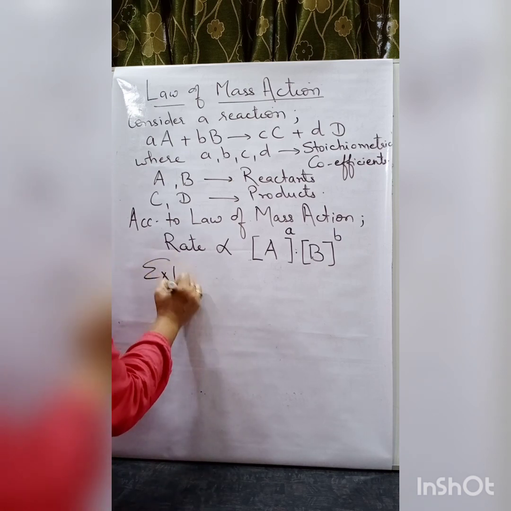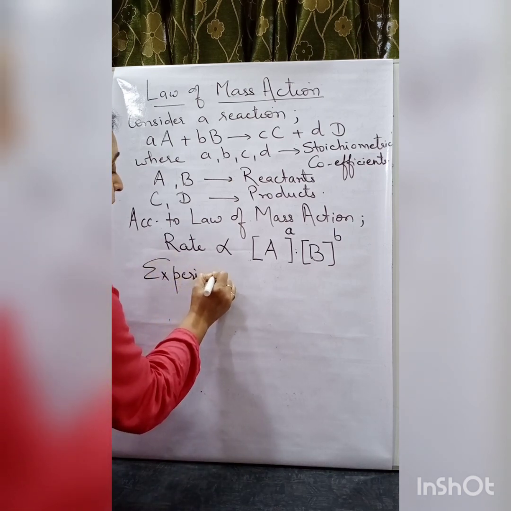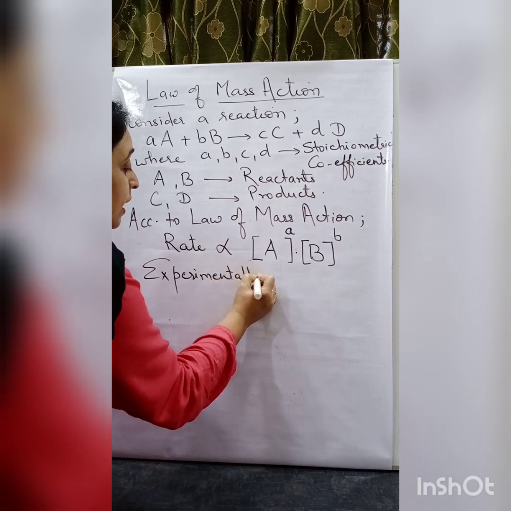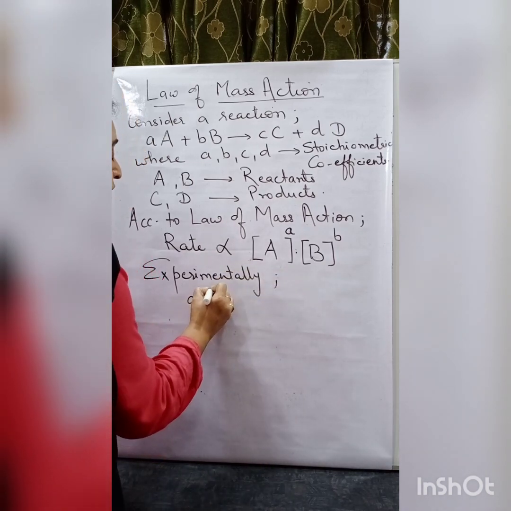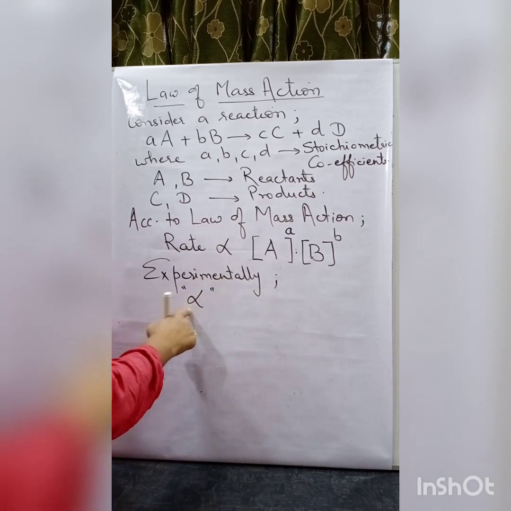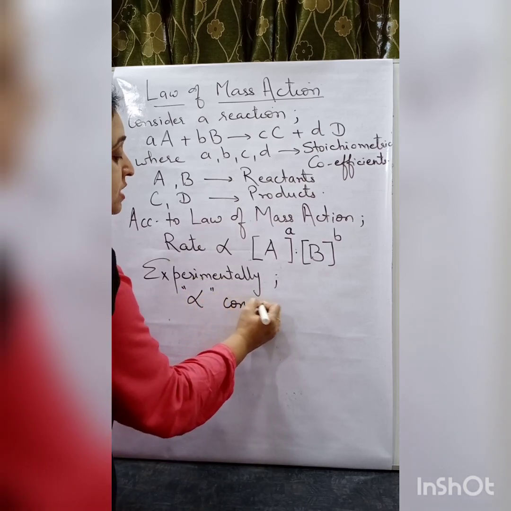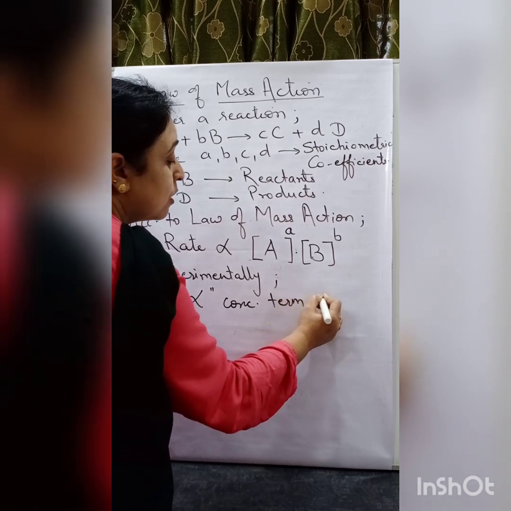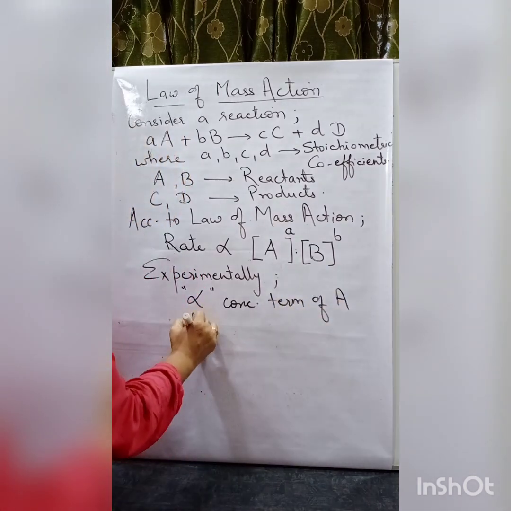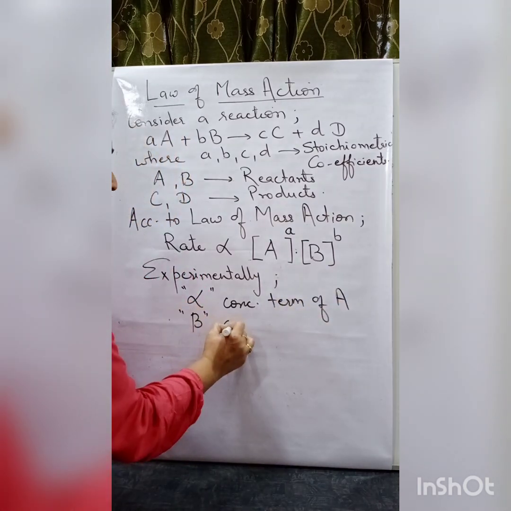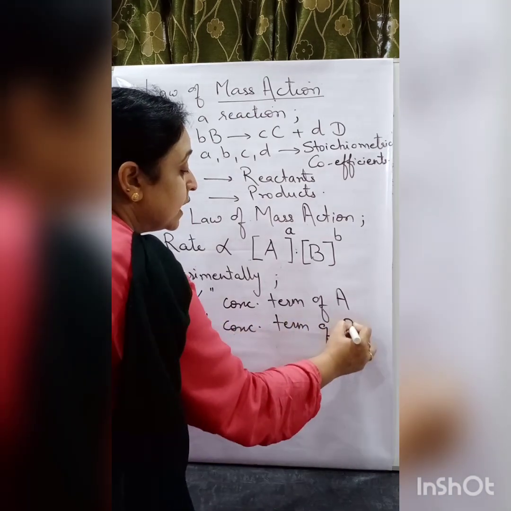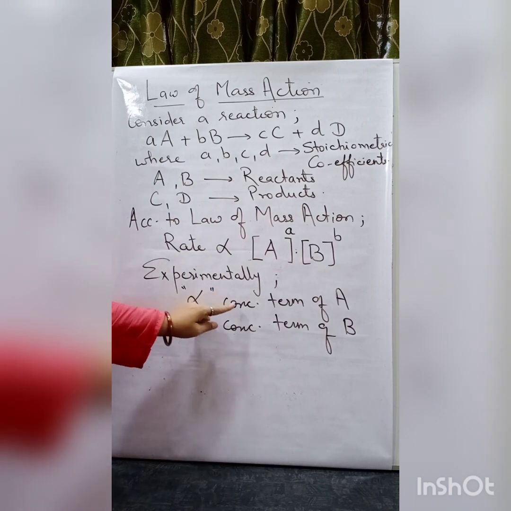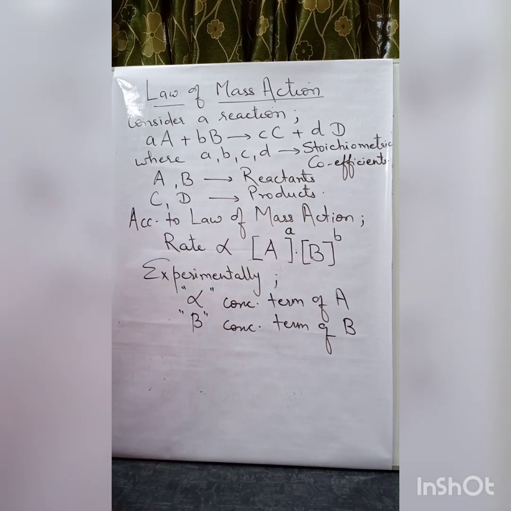It was found experimentally that the rate of reaction, let's suppose, depends upon alpha concentration term of A and beta concentration term of B. So this was the experimental observation.